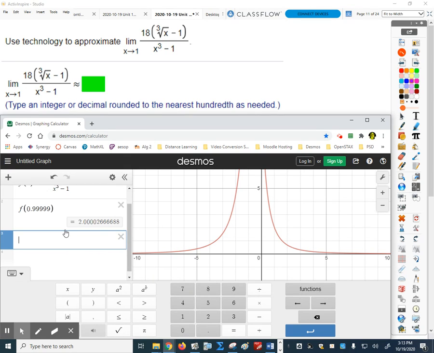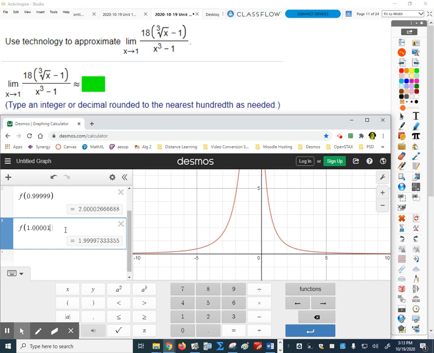We could do the same thing from the other side, f of 1.00001, right? And if we keep going out there closer, we can see that to 2 decimal places, we're also approaching a value of 2.0. Okay, so I'll take a picture of this.